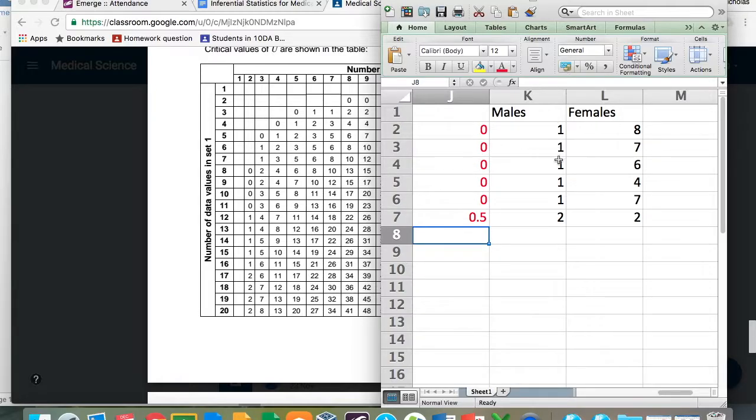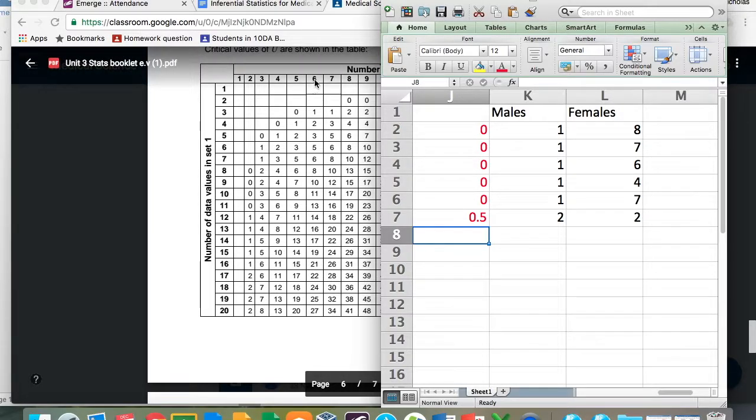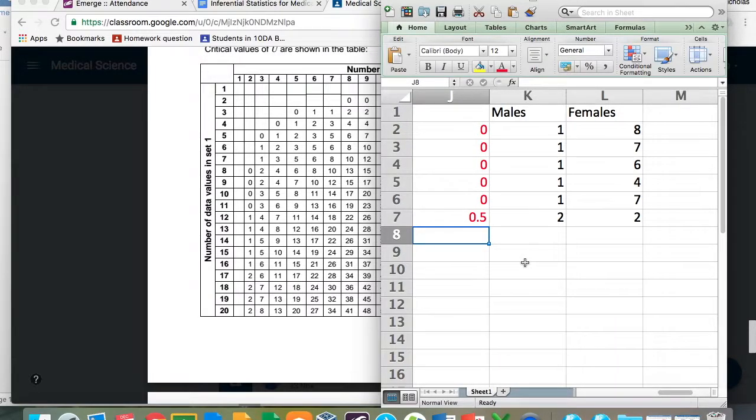Now we look it up on the table, and we've got a 6 by 6 this time, and the critical value is 5. We are much less than that, so we do have a significant difference between males and females in how much they like wearing skirts.